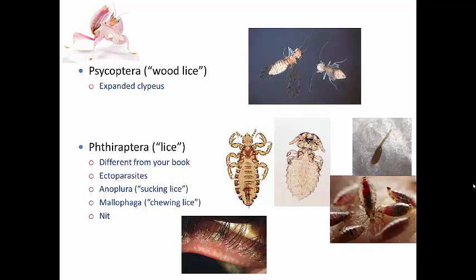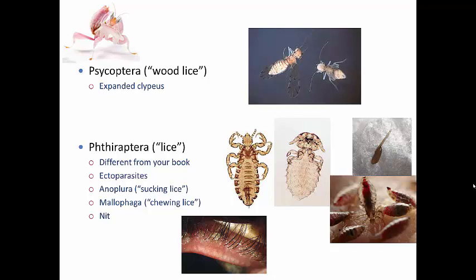So the chewing lice, as you might imagine, have large, well-developed mandibles. The sucking lice have a cone-like mouth part that is for piercing and sucking. So Hemiptera versus Malophaga.